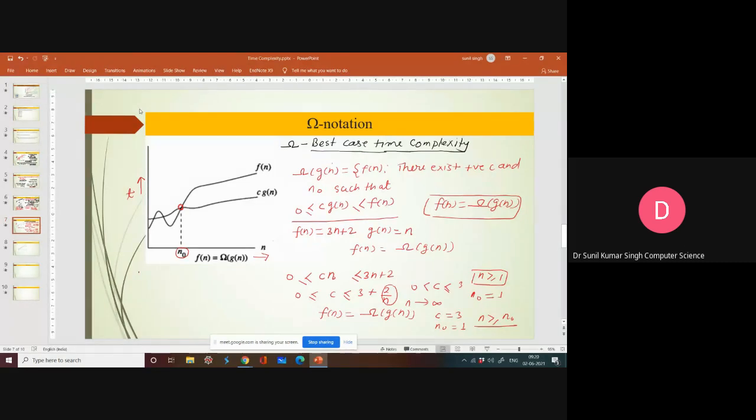And once again, let me tell you, it is not necessary to have a graph like this one only. You can have some other graphs also.